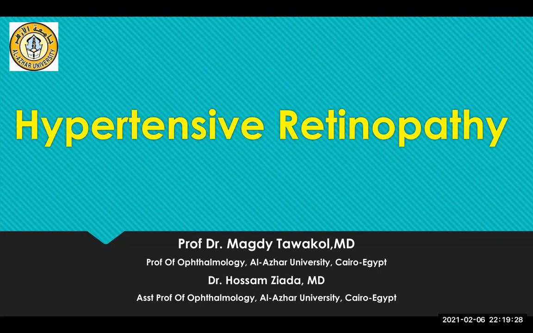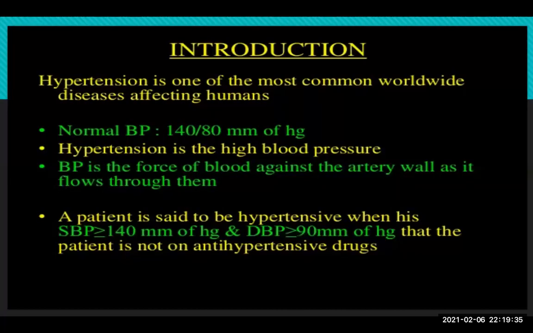So today we will talk about hypertensive retinopathy, starting with a brief introduction about hypertension, which is one of the most common worldwide diseases affecting humans. The normal blood pressure could be 140 systolic and 80 diastolic.